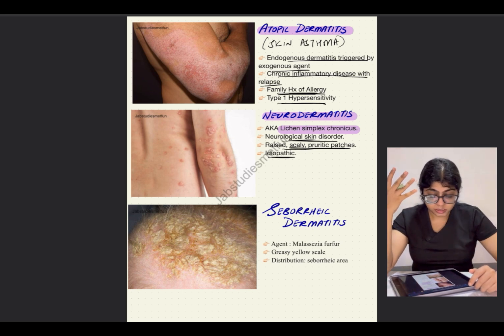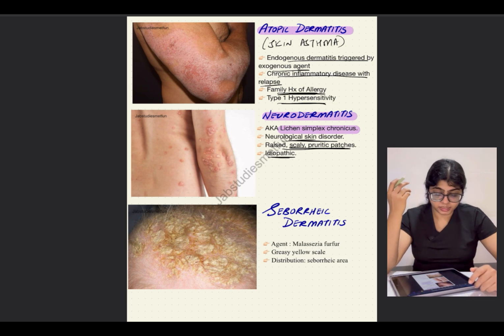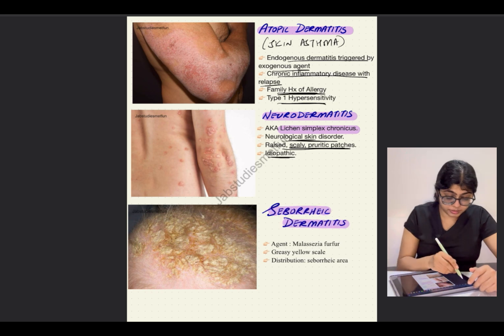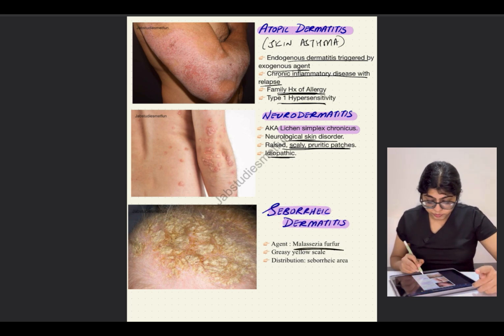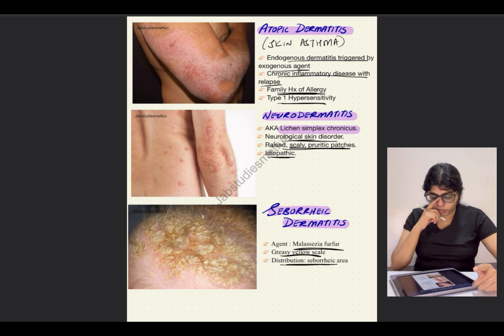The patches will be really itchy, and there is no certain form of distribution, but mostly it will occur in the peripheries, like on the arms and the legs. Next one is seborrheic dermatitis. The agent of seborrheic dermatitis is Malassezia furfur. It shows a greasy yellow scale and the distribution is in the seborrheic areas. Mostly it is seen in the scalp.